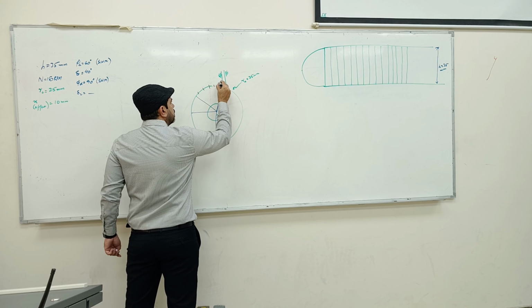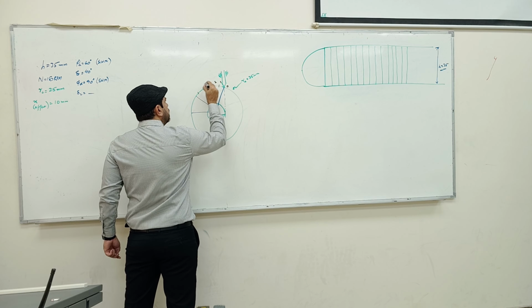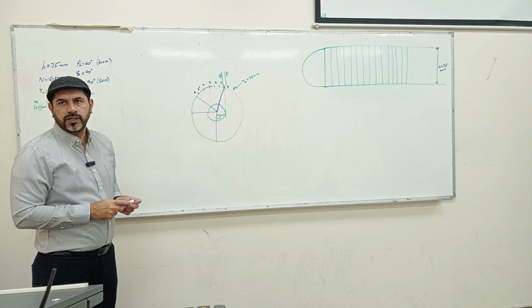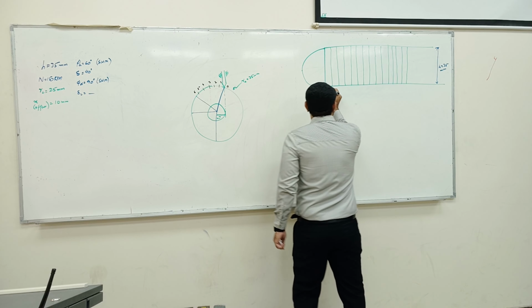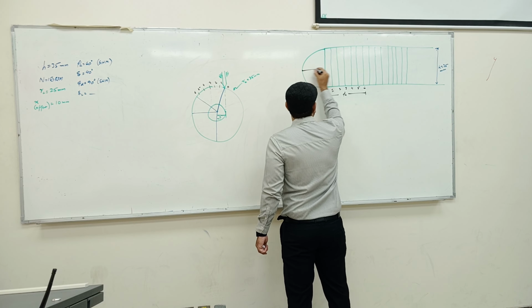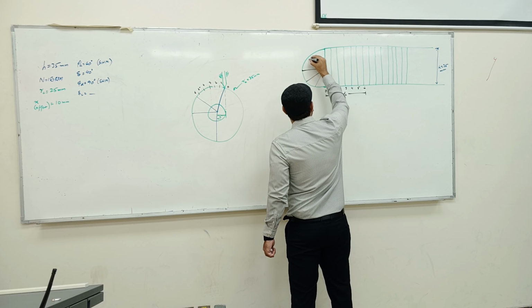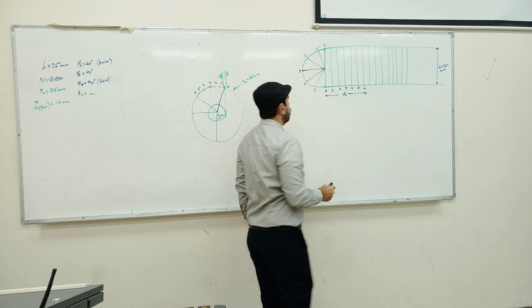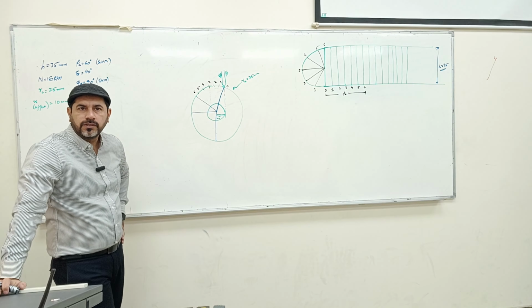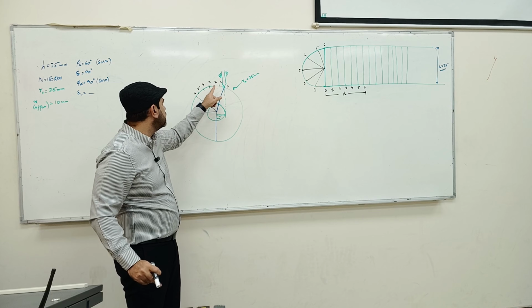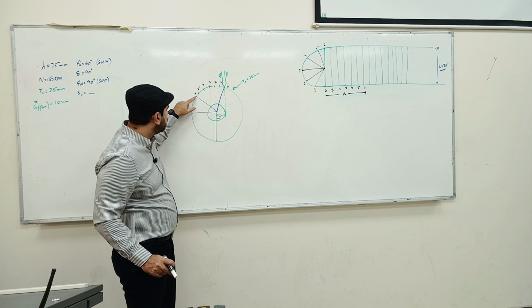It will be 0, 1, 2, 3, 4, 5, 6. You need to label it, and divide it into the same number of divisions. I'm going to take the reference from the semicircle because it is simple harmonic motion. This one is 1, 2, 3, this one is 4, this one is 5, and this point is 6.